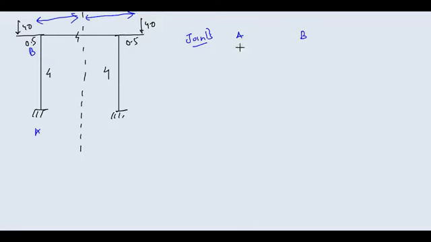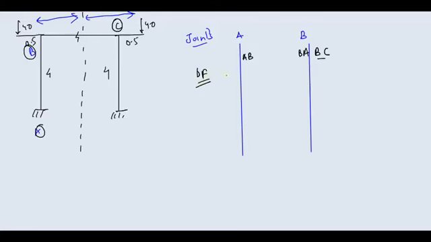Now prepare a small table. See how the problem is reduced to a very small problem. This is joint A, joint B, this is your member AB, BA. Here you will have some BC. Suppose this is your A, B and C. We don't need C, but I am just showing you that C is here. Now distribution factor.